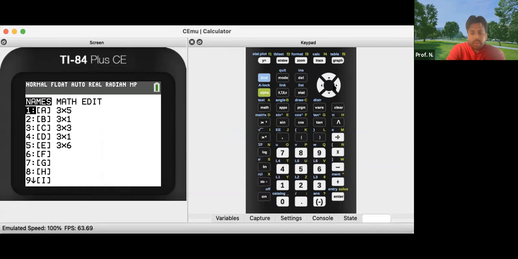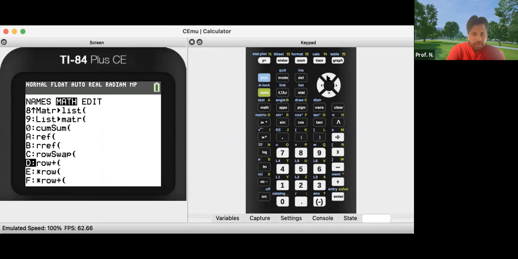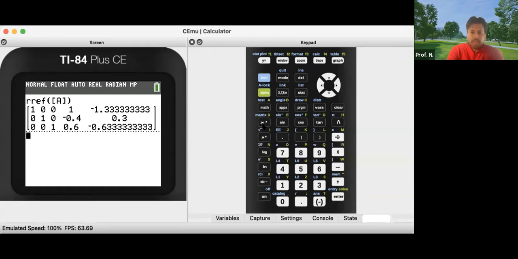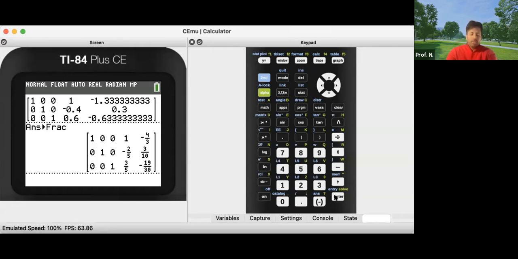So for the exams, you don't have to do it by hand anymore. You don't have to do the whole thing by hand. You can just use your calculator function and make it do it for you. And I'm going to do math enter. Okay, so this is my matrix, the row reduced echelon form.